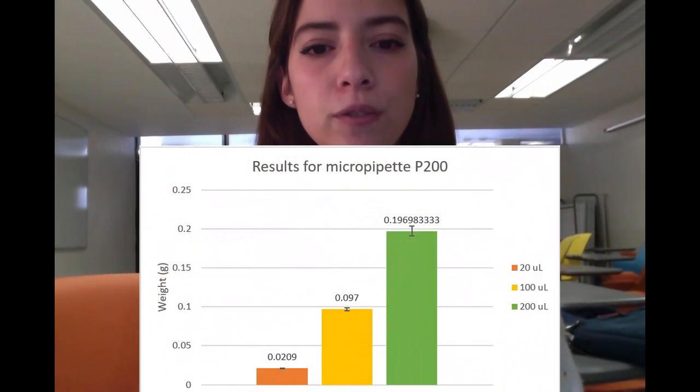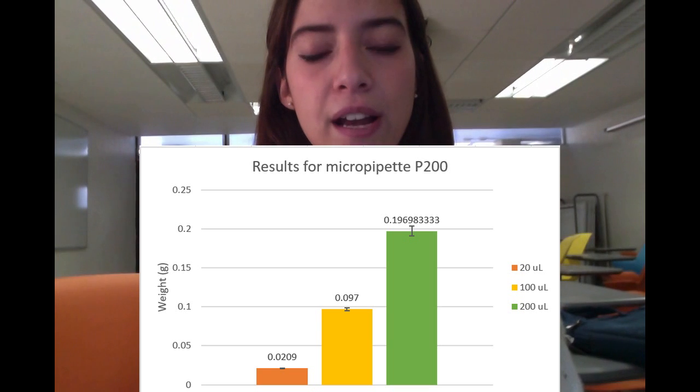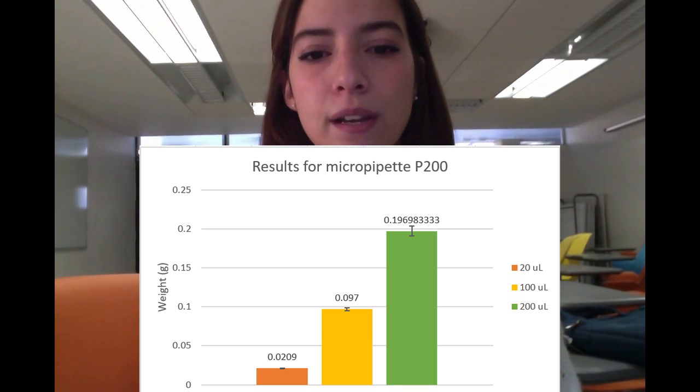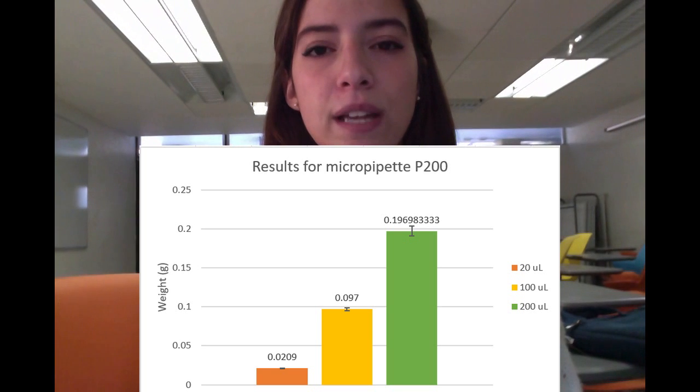For the P200 micropipette, the weights registered at its lowest, medium, and maximum volume have a mean of 0.0209, 0.097, and 0.1969, and standard deviations of 0.0003224, 0.001837, and 0.006299.